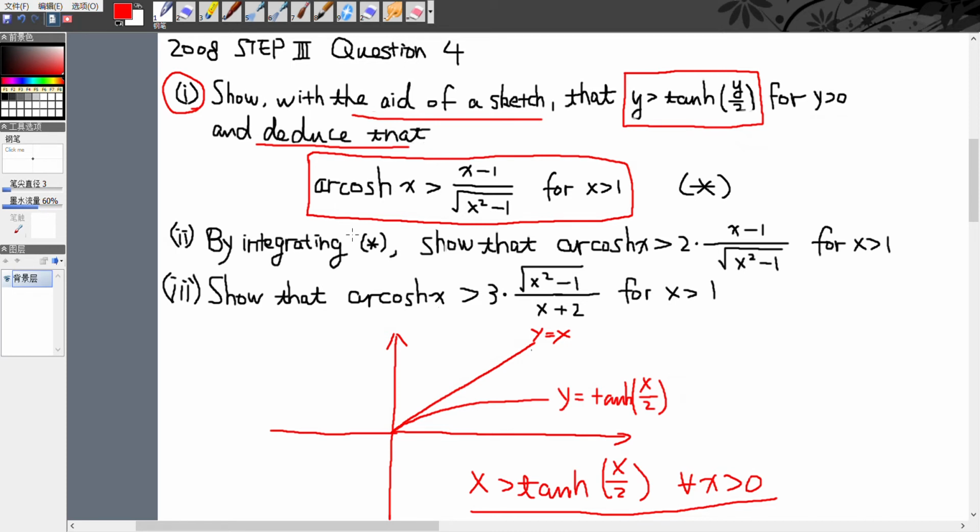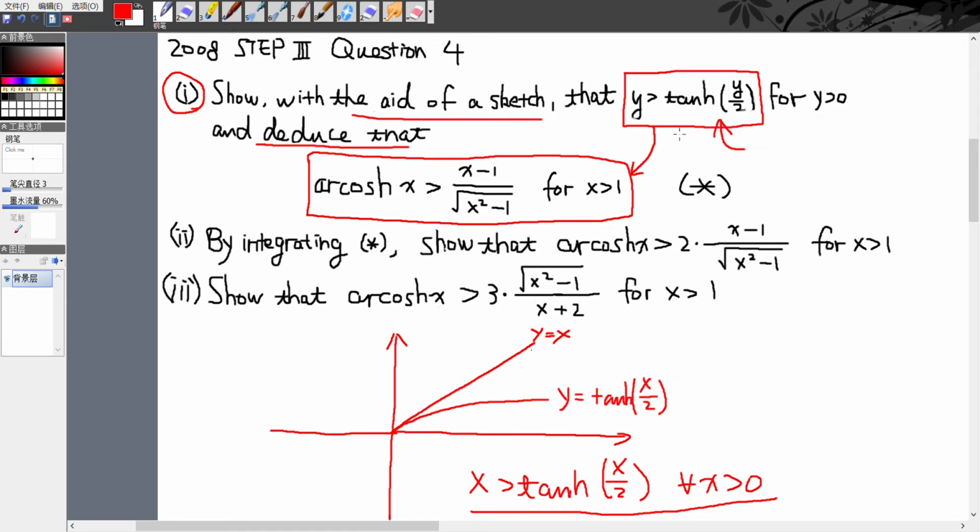the result you want to prove in a sub question always involves the result that you derived before. So what I mean is the result we derived before, y is bigger than tanh y over 2, is actually related to the result that we are going to prove. So it definitely links to the procedure of proving this inequality.